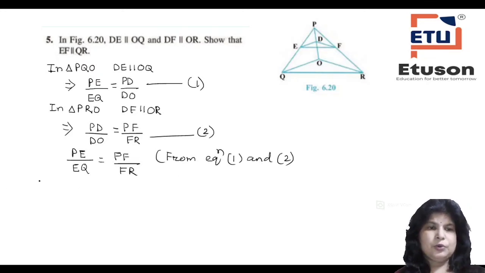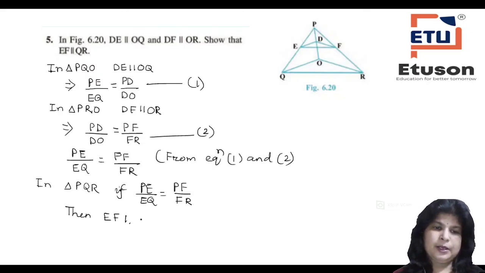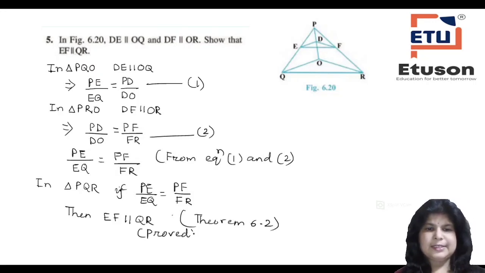Correct? So now in triangle PQR, if PE by EQ is equal to PF by FR, then EF has to be parallel to QR. This is according to theorem 6.2.